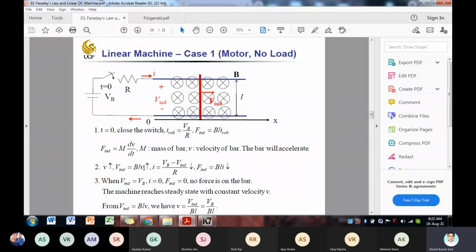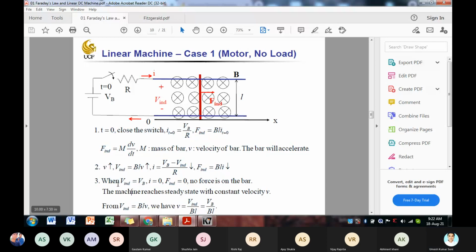So here you can see that there will be a current which is the difference of the voltages divided by R, because this is a simple network circuit equation. So as V induced increases, the current reduces. Depending on this reduced current, the induced force will also reduce, because current is reducing.